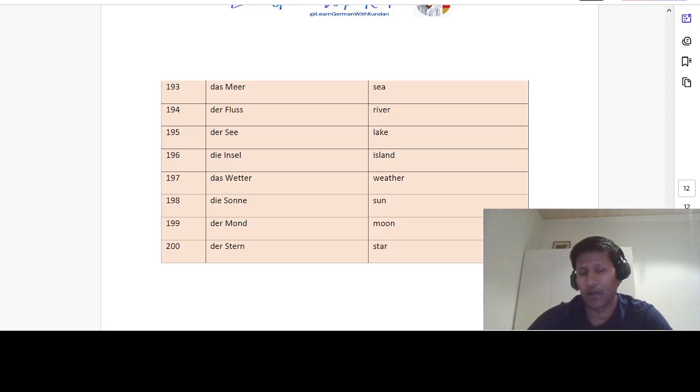For example, if I say I go, so what is I, what is go, gehen. When you know both, then we can make sentences, right? So this is very simple when you know these basic words. We'll learn further words in next classes.